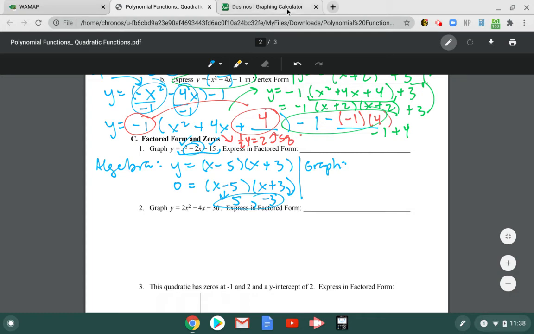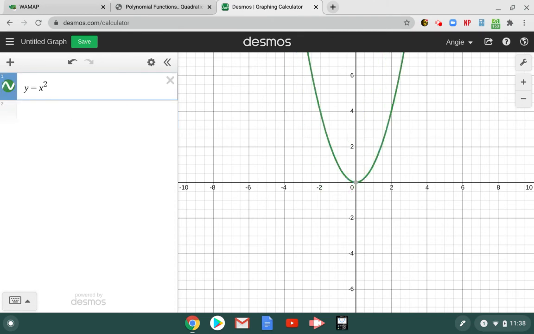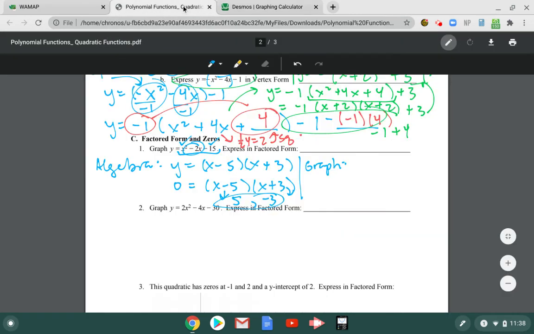Over to Desmos, x squared minus 2x minus 15. Take a look at those zeros. I've got one at -3 and one at 5. So I actually could have started this with the zeros.